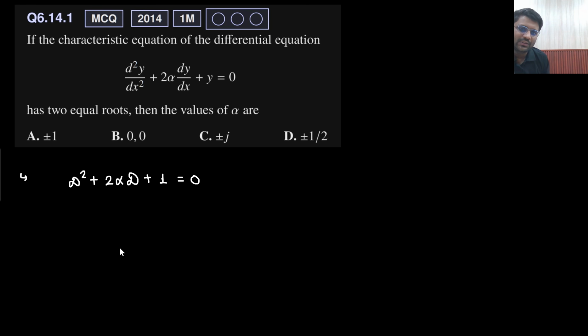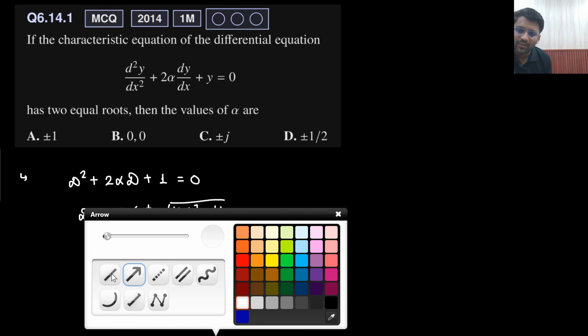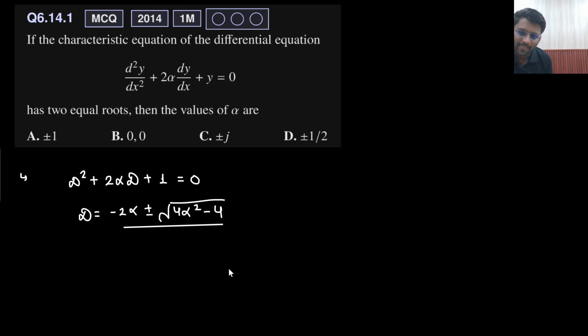So what will be the roots of the characteristic equation? The roots will be minus b plus minus under root b square minus 4ac, upon 2a. Here b square is 4 alpha square. So minus alpha plus minus under root, taking 4 outside, this will become 2, and alpha square minus 1.